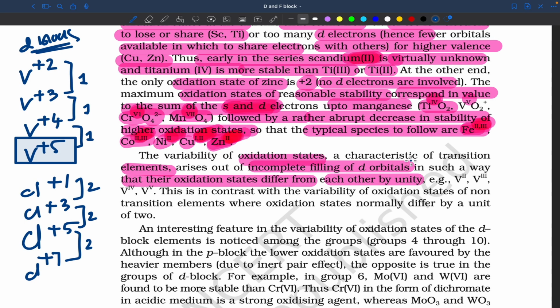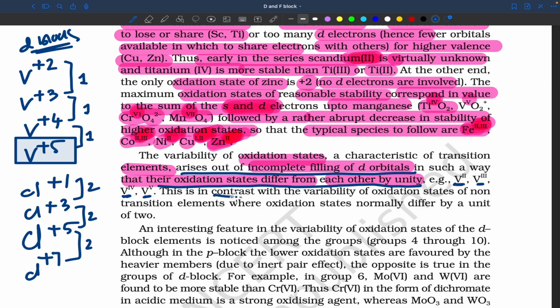The variability of oxidation state, characteristic of transition metals, arises out of incomplete d orbitals in such a way that their oxidation states differ from each other by 1 only. Unity means 1. Example, vanadium +2, vanadium +3, vanadium +4, vanadium +5. Here capital V is vanadium, and the Roman number is its oxidation number.